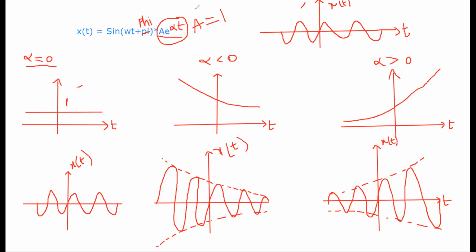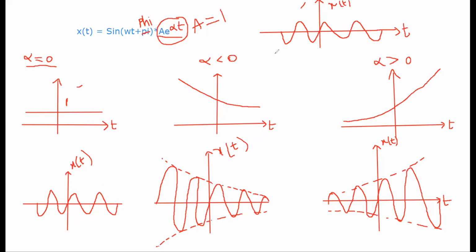See here, we have already seen the nature of exponential signals and the nature of sinusoidal signals. Sinusoidal signal has the time period of 2 pi, and the exponential signal may be constant if alpha is equal to 0. It may be decaying if alpha less than 0. It may be growing when alpha greater than 0. If we multiply this sinusoidal signal with a constant exponential, the resultant is a sinusoidal signal.